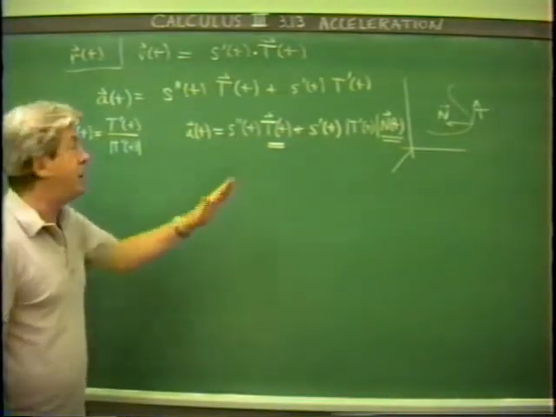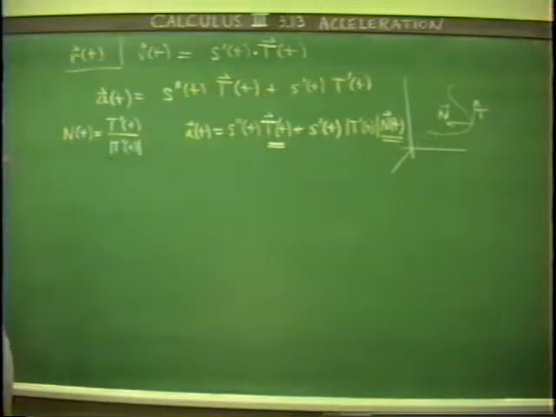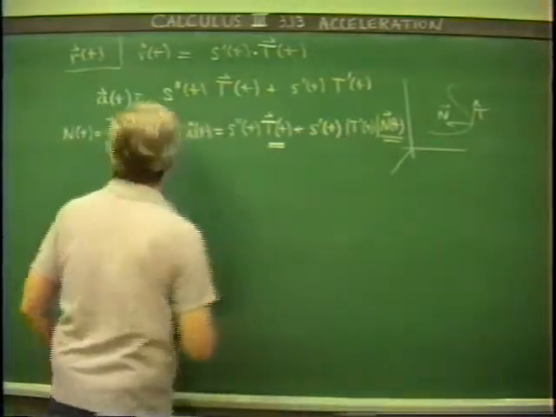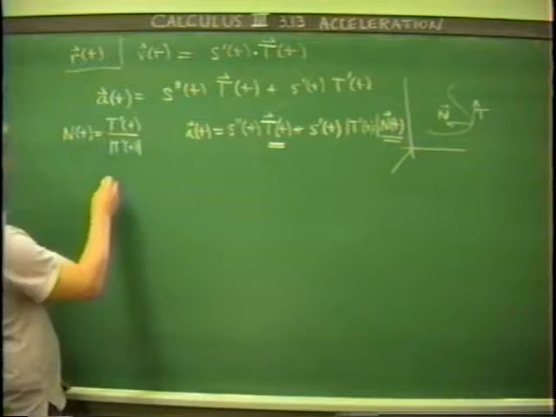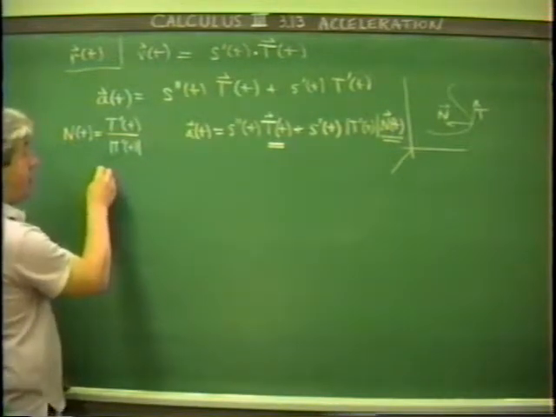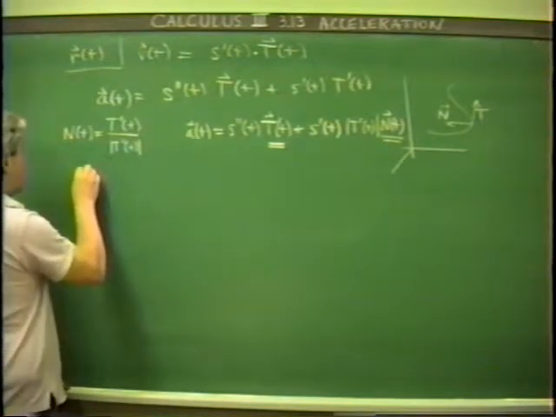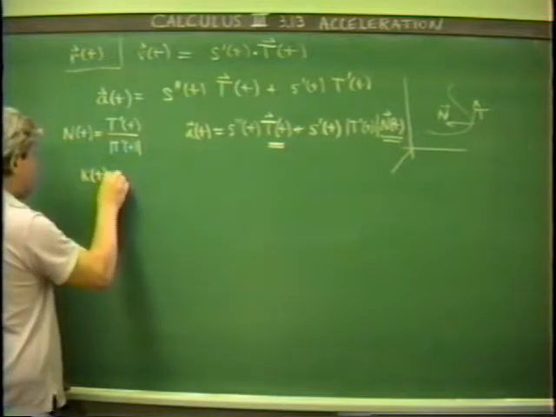This shows then that the acceleration has two components, a tangential part and a normal part. The rate of change of the speed is the tangential part, and that's somewhat intuitive. The normal part is perhaps not so intuitive.